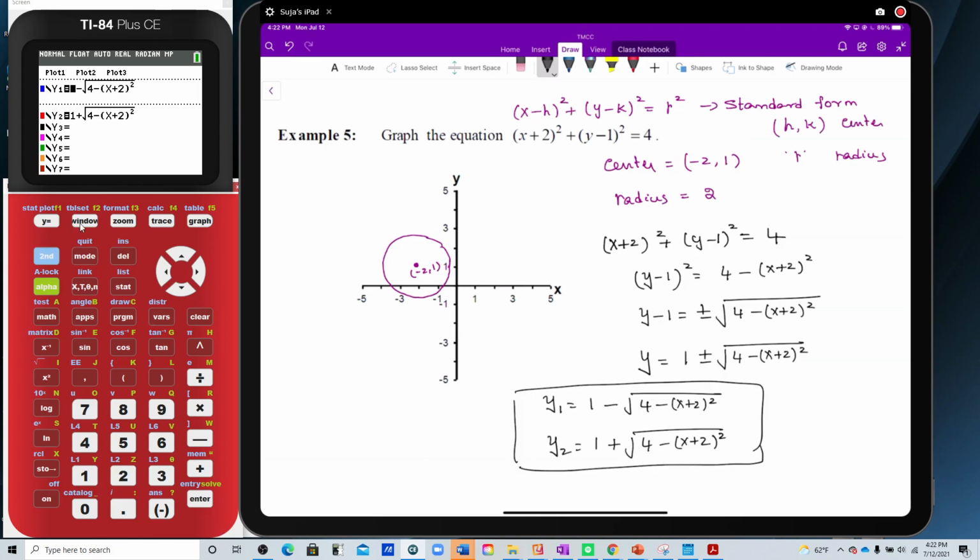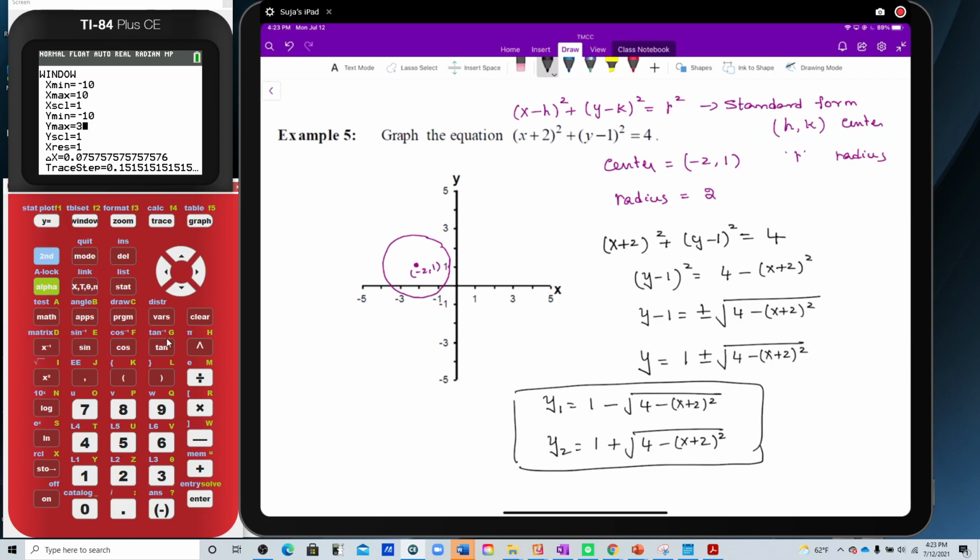Again, I keep this viewing window standard, -10 and 10. Sometimes the graph may look oval, but if you change the window properly, you can see a circular graph. Since this is -5 and -2, let that be -10.